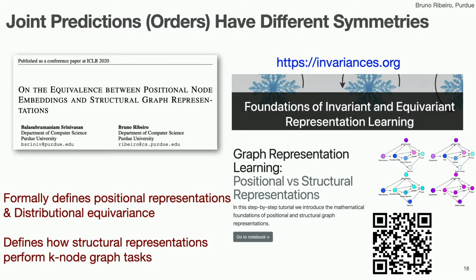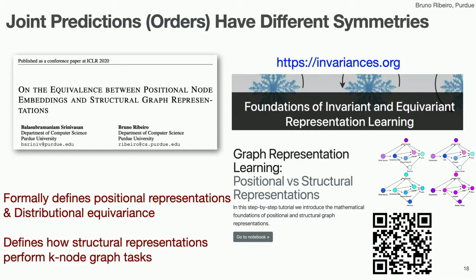And before this, I have to explain some of the definitions. This work is an important work, I feel, that explains a lot of how these tasks are different and the difficulties in doing these tasks. And recently, we wrote a blog post, which is on the website, explaining the difference between structural and positional representations.